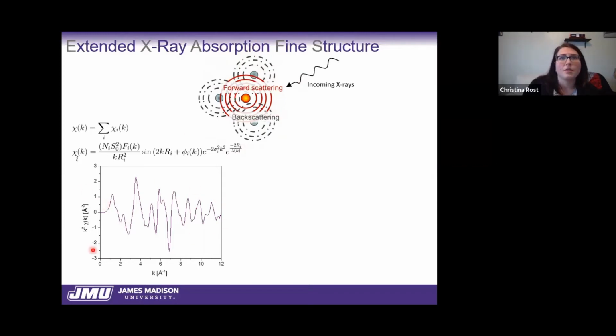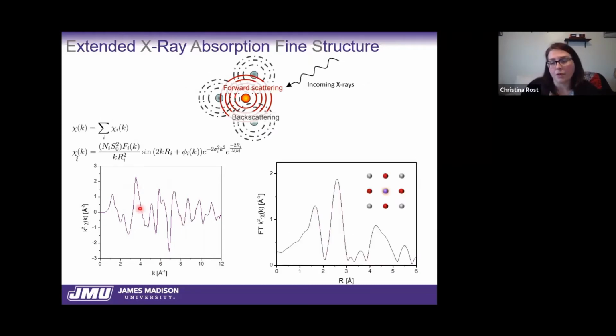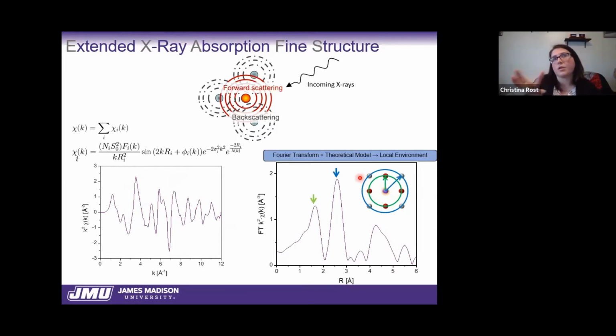If we background subtract the absorption edge from this, we end up with what we call the extended fine structure. If we take the fine structure and do a Fourier transform, we can figure out some information about the local environment. The first peak corresponds to the first nearest neighbor environment, the second peak to the second nearest neighbor environment. And if we fit that transform to a theoretical model, we get some information.